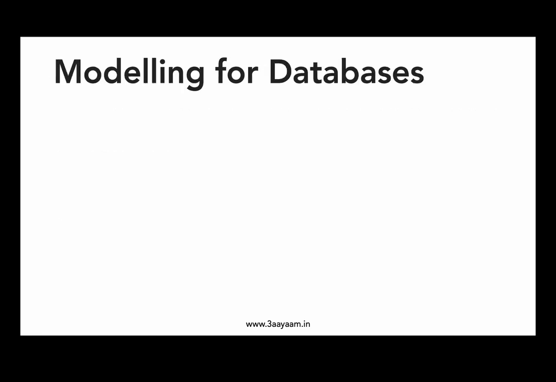Now, when you talk about modeling for databases, we are talking about relational databases and NoSQL databases, or RDBMS and NoSQL. NoSQL is also known as non-relational databases. And data modeling applies to both of them.